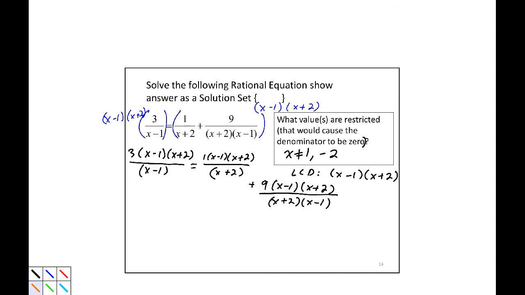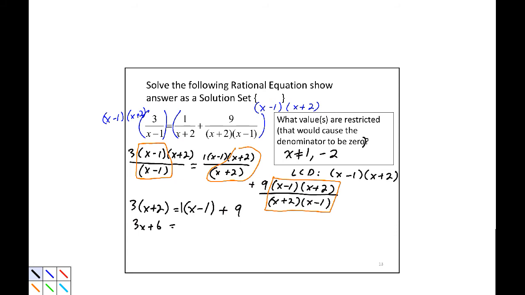Now, several things reduce. Here, the x minus 1 reduces. Here, the x plus 2 reduces. And here, all of that reduces. So my resulting equation is 3 times x plus 2 equals 1 times x minus 1. We'll keep it there, actually. Plus 9. Okay, distributing, we have 3x plus 6 equals x minus 1 plus 9.